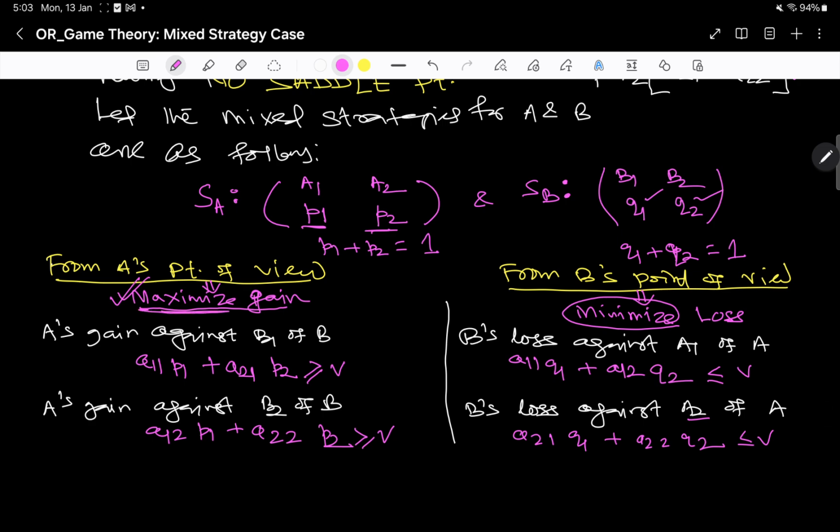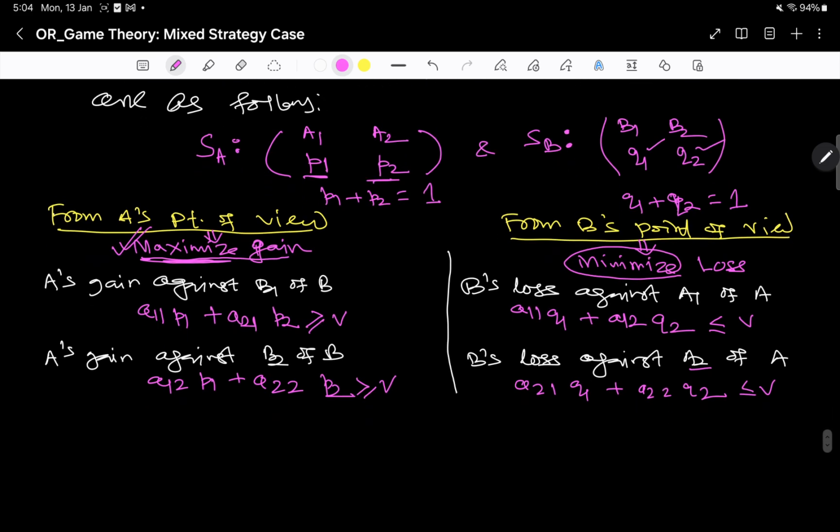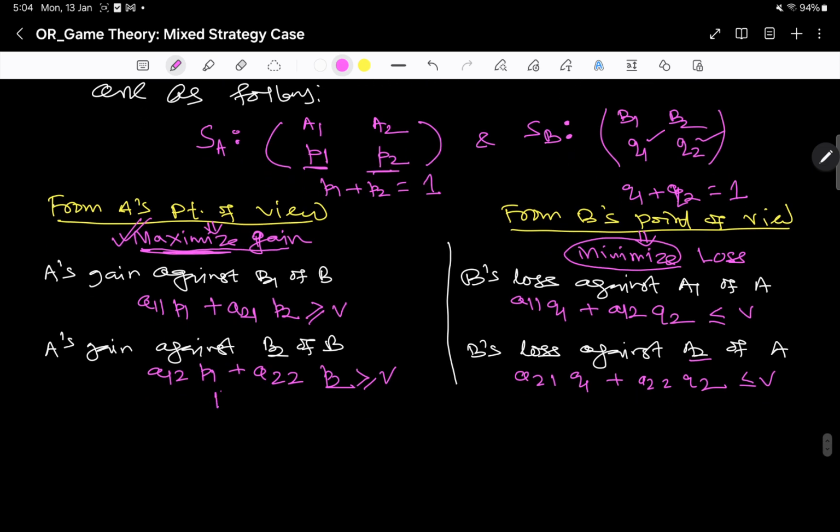Now while A wants to maximize the gain, B will not sit silent. Maximizing the minimum profit means the viewpoint here is the maximin value for A, and for B it is the minimax value. Minimize the maximum loss, because A will oppose here.